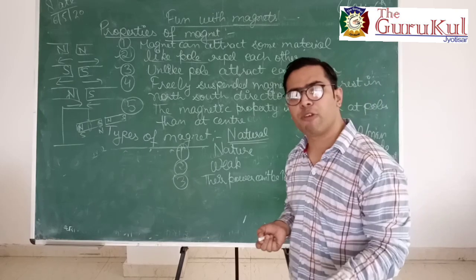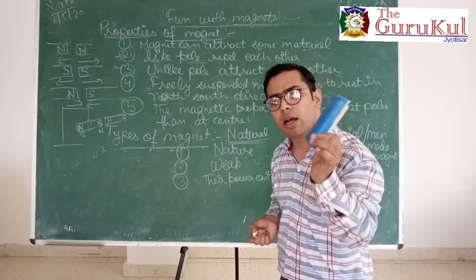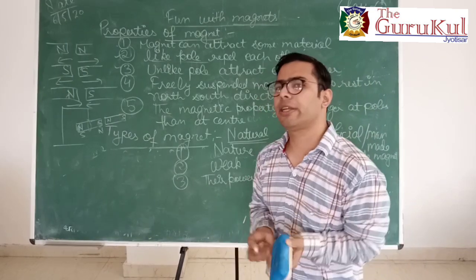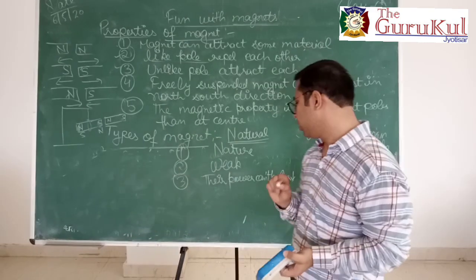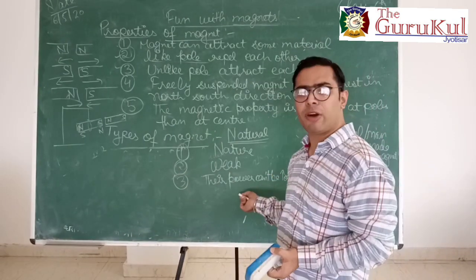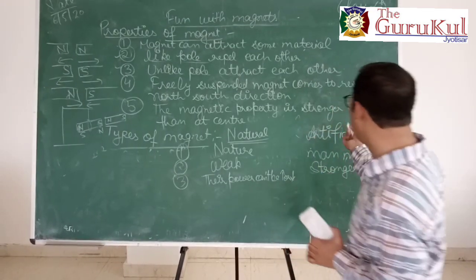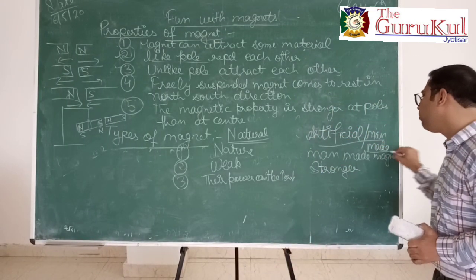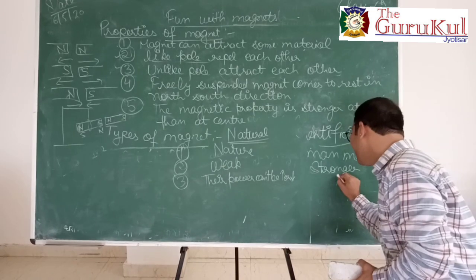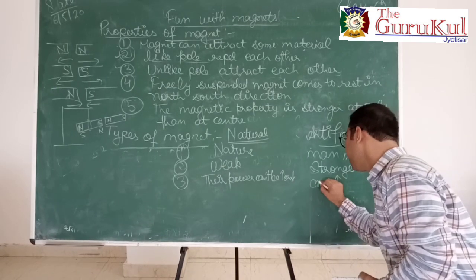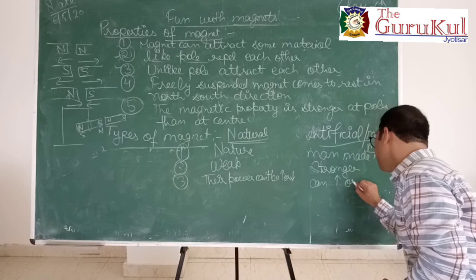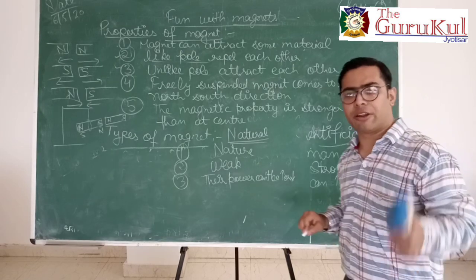If the power of a natural magnet is 2, it cannot be 3, it cannot be 1. That means you cannot decrease or increase the power of a natural magnet. While in an artificial or man-made magnet, you can increase or decrease the power of attraction or the power of repulsion.